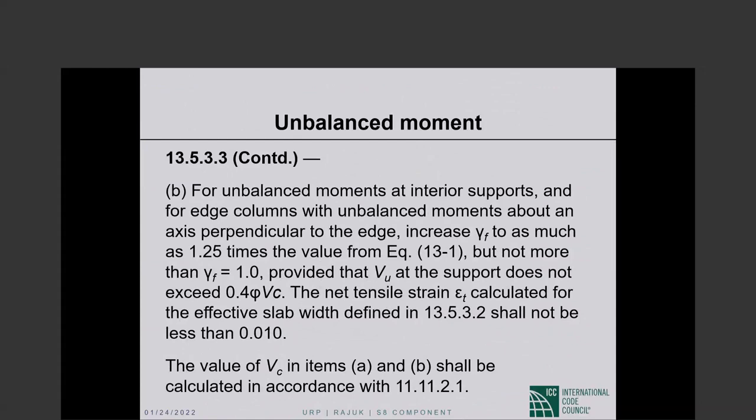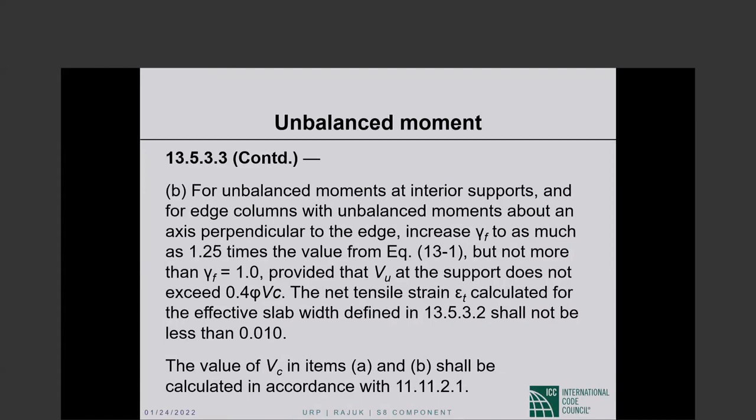Okay. Now that was bending moment at an edge column perpendicular to the edge. For unbalanced moment at interior supports and for edge columns with unbalanced moment about an axis perpendicular to the edge, now the bending is parallel to the edge.